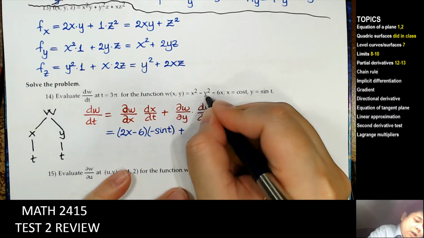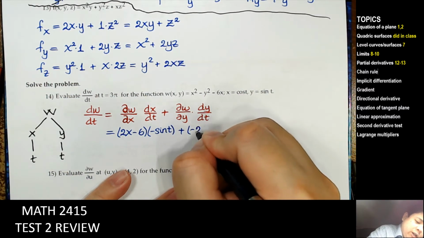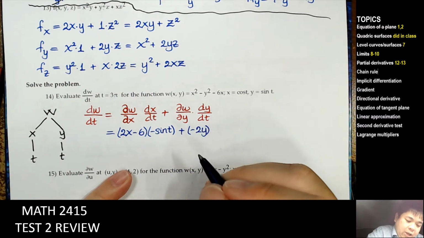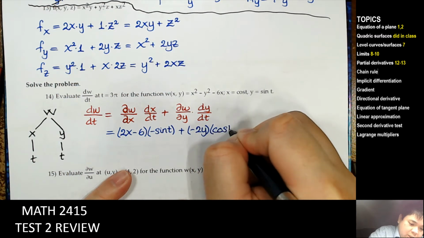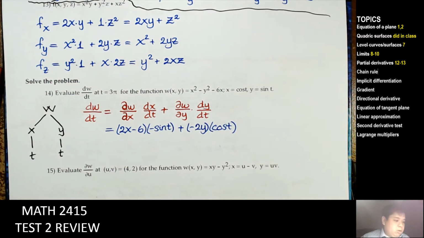Derivative of w with respect to y, that will be negative 2y. And derivative of y with respect to t, that will be cosine of t. So that is the formula for the chain rule.